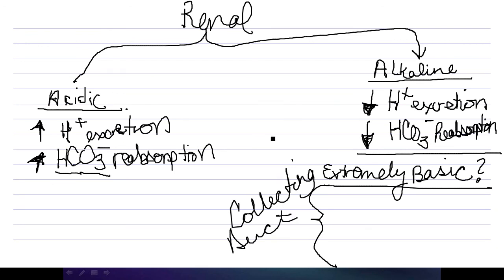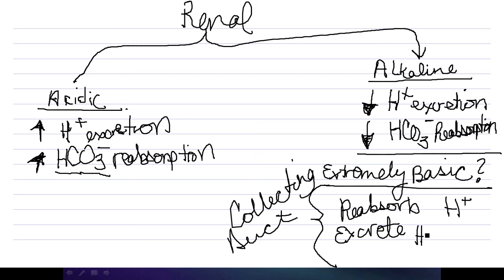They will also decrease the excretion of hydrogen ions and decrease the reabsorption of bicarbonate. But if you are extremely alkaline, the collecting duct cells can actually switch things around. The collecting duct cells can begin to reabsorb your hydrogen ions, and they can begin to excrete your bicarbonate.